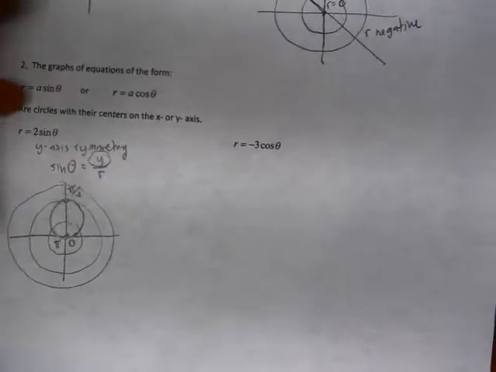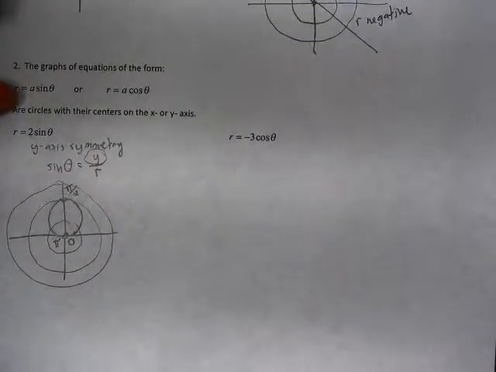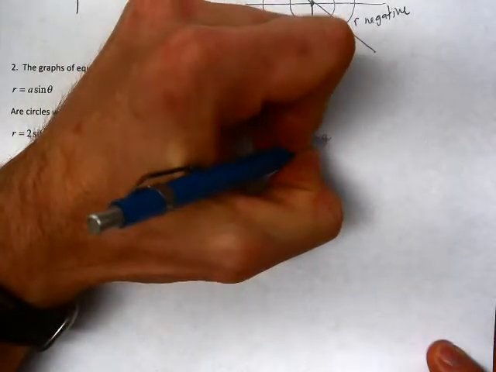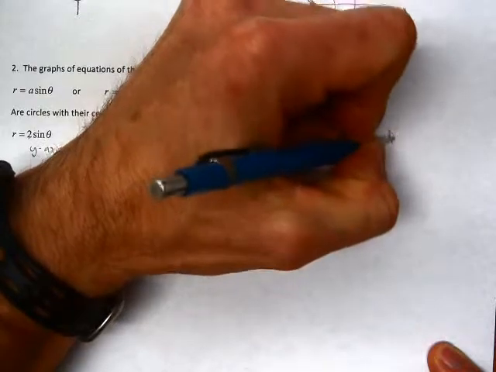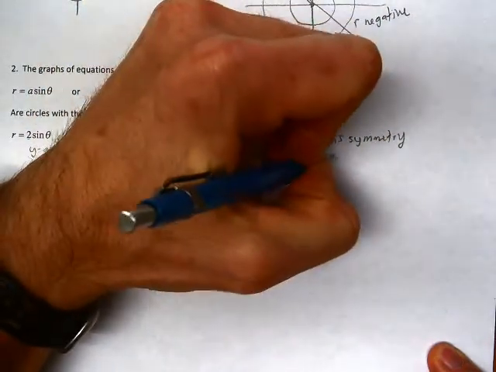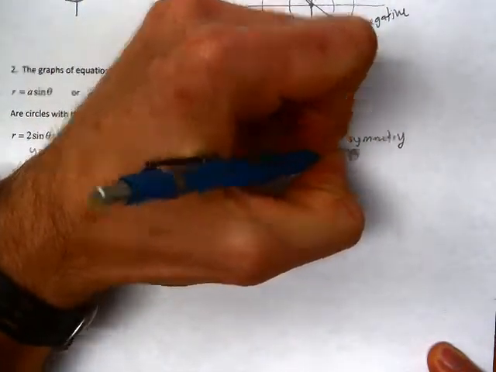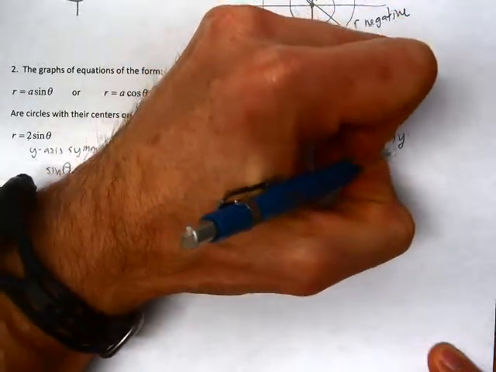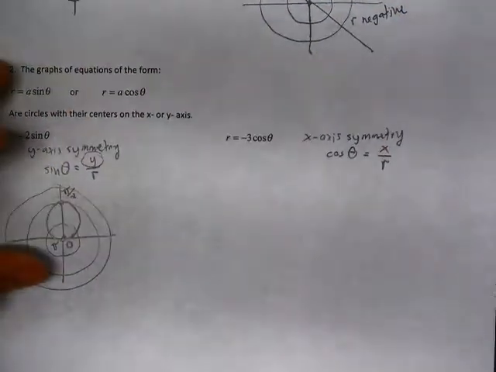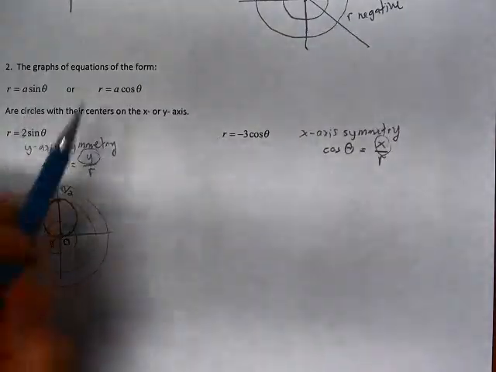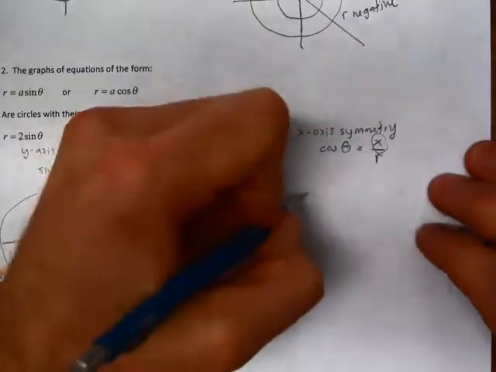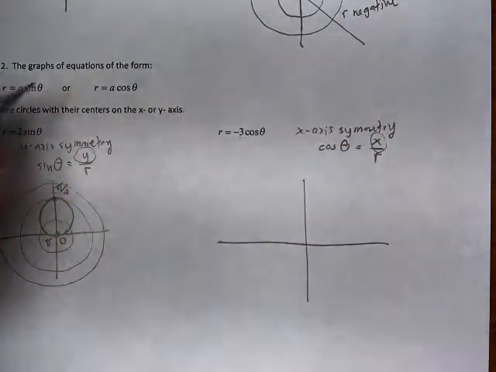Now if we look at r equals negative 3 cosine theta, we have x-axis symmetry here. So we're located on the x-axis, and again we can get a reminder of that if we think about the fact that cosine theta equals x over r. So we're on the x-axis. Because of this negative 3, we're going to be to the left of the origin.